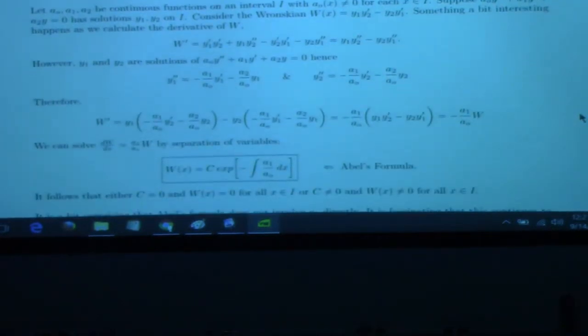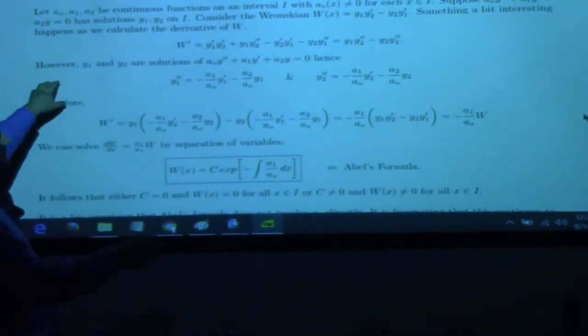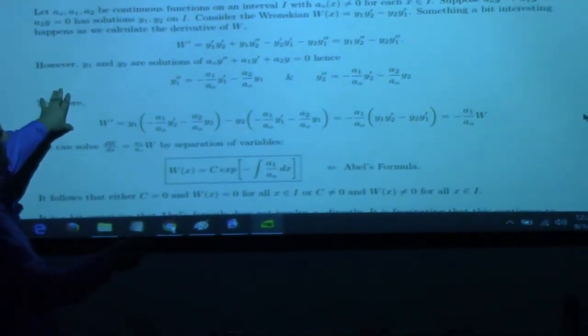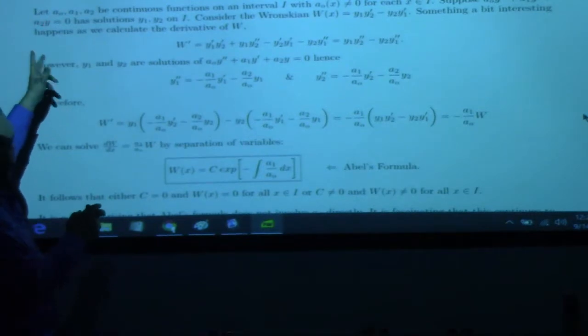So suppose you have two functions, all right? And suppose they solve a linear second order differential equation. So that means that we've got y1 and y2, and they solve a0 y prime prime plus a1 y prime plus a2 y equal to 0. And likewise, that's for y either being y1 or y2.